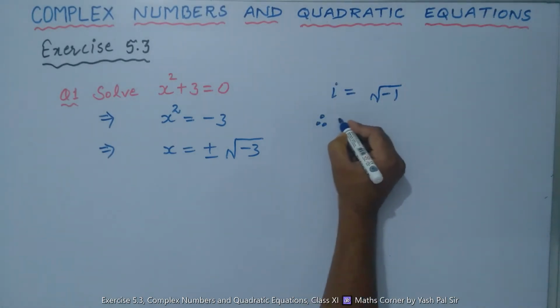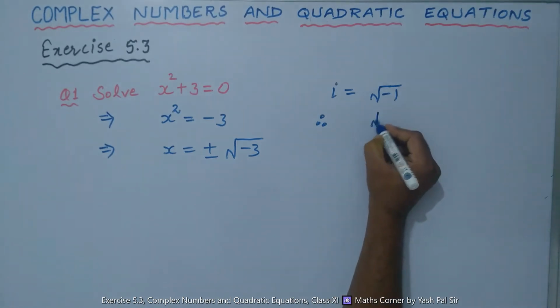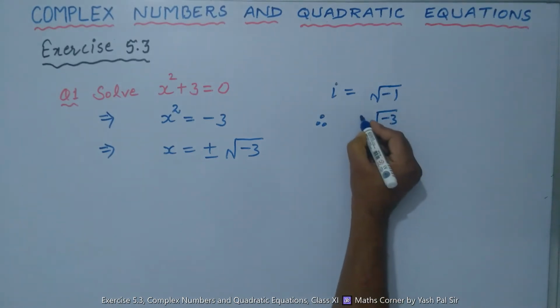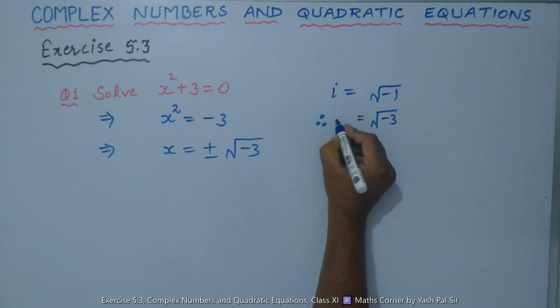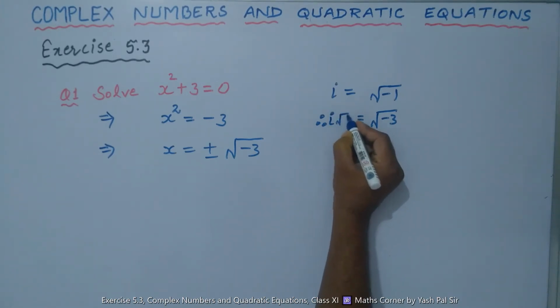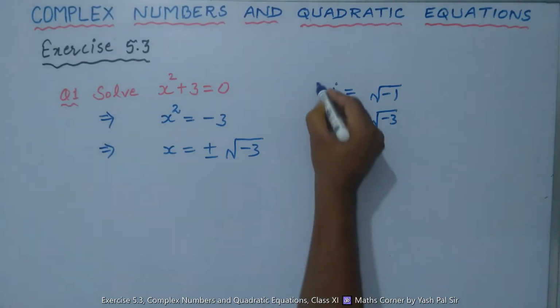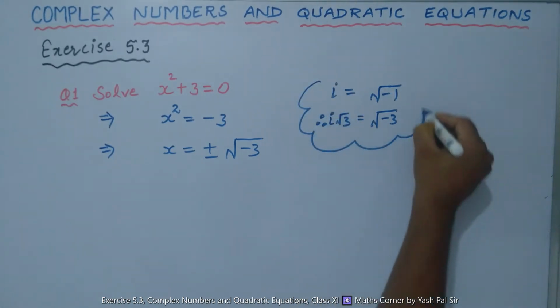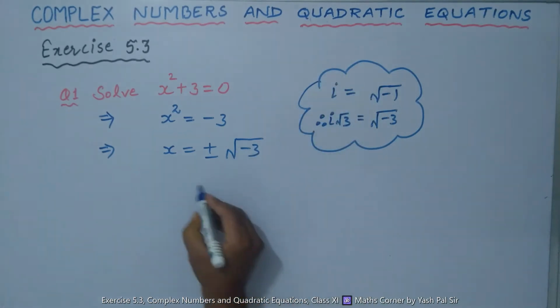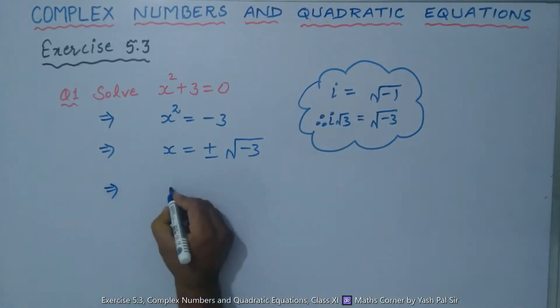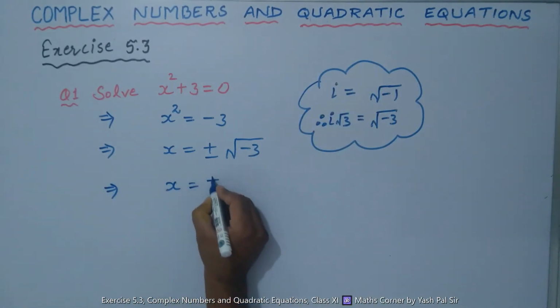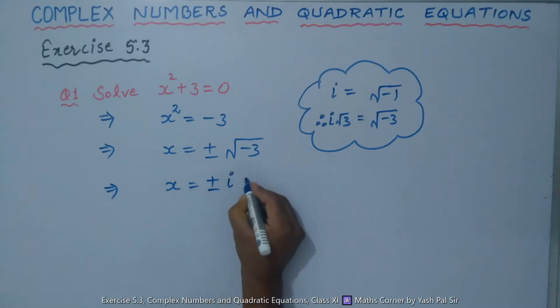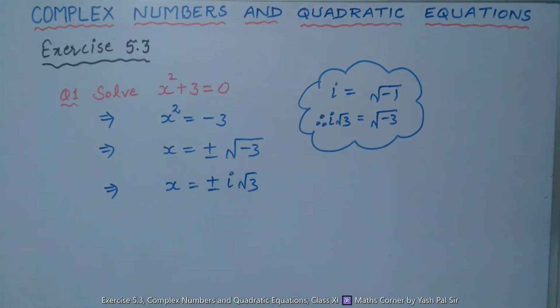Therefore, square root of minus 3 is equal to iota square root 3. The roots become x is equal to plus minus iota square root of 3. This is the solution of the given equation.